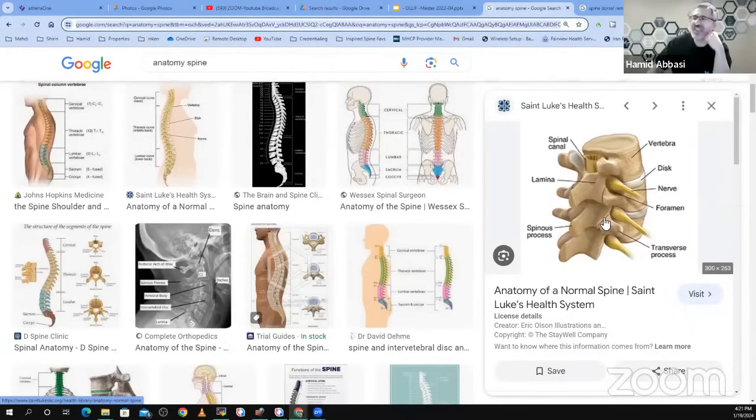Now I have heard the theory, Shaw, and you tell me what you think about it: mechanically, 80% of our weight is supposed to be carried by the anterior or front segment of the spine, meaning the disc, and 20% is supposed to be carried by the facet. The theory is that if you have a really bad disc, it puts too much stress on the facet, and the facet wears off, and they grow.